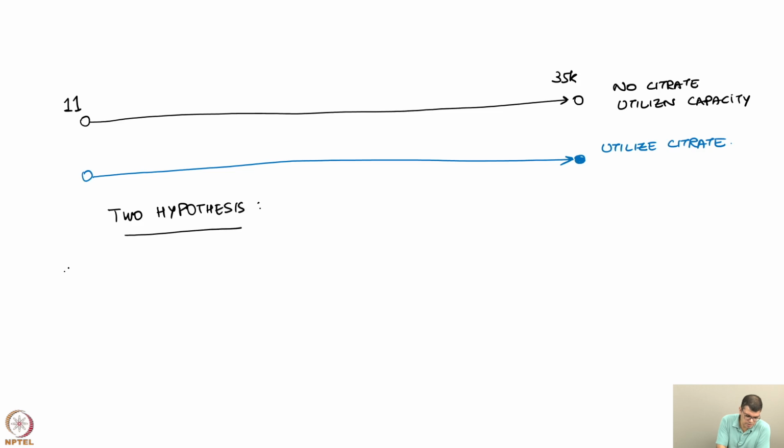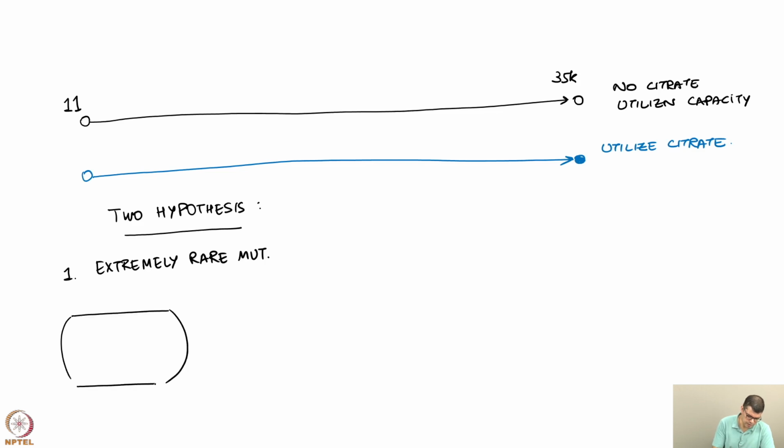In the first hypothesis, it was an extremely rare mutation that happened in this particular line which allowed for utilization of citrate. By rare mutation, what we mean is that let's imagine that this is the DNA of the organism, and maybe what needed to happen was that this part of the DNA needed to duplicate itself.